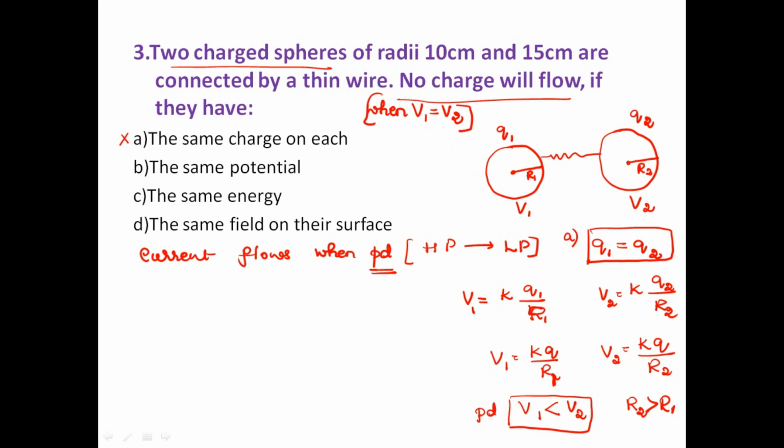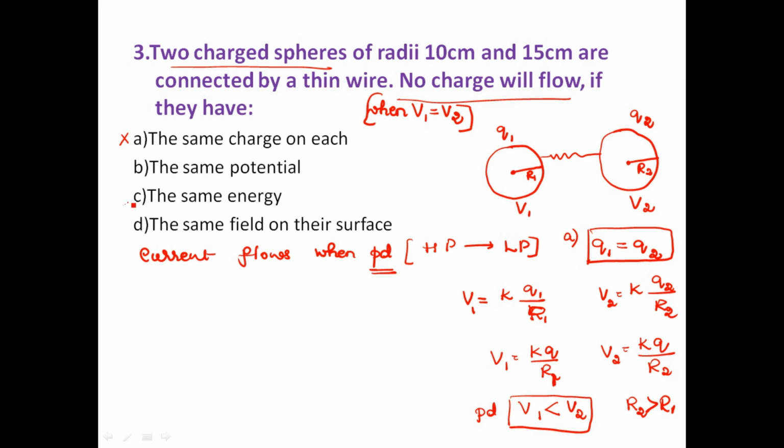Charges being the same, we noted that the potentials are different. If no charge should flow from one sphere to the other, the potentials must be the same. This can be the right option here, students. They are at the same potential.